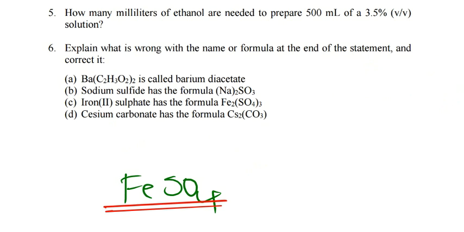And then for cesium carbonate, the formula is given. Is it true? Let's try to observe what's going on. Cesium carbonate. Carbonate, of course, has a valency of 2.